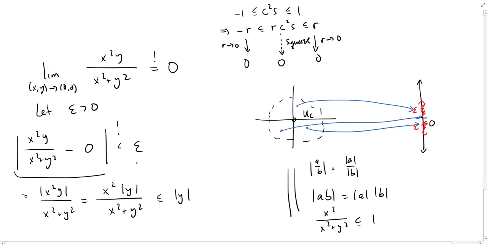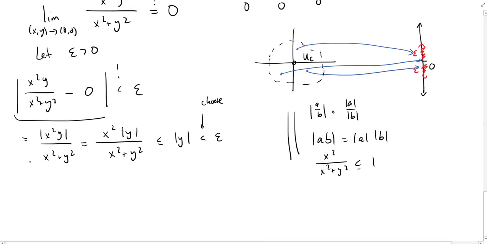And so if I want this whole thing to be less than epsilon, I can just choose my y values, right? So this is what I do, choose my y values to be less than epsilon. So what that means is that I should set my U epsilon equal to the set of all points such that the absolute value of y is less than epsilon.